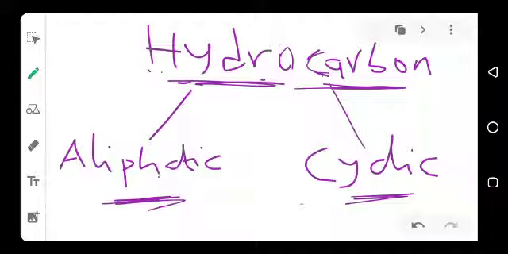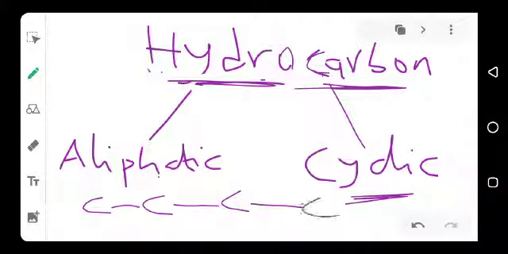An aliphatic hydrocarbon is a hydrocarbon that has a straight chain or branched chain structure. For instance, when we draw a carbon skeleton like this in a straight chain, it is an aliphatic hydrocarbon, because the chain is straight.